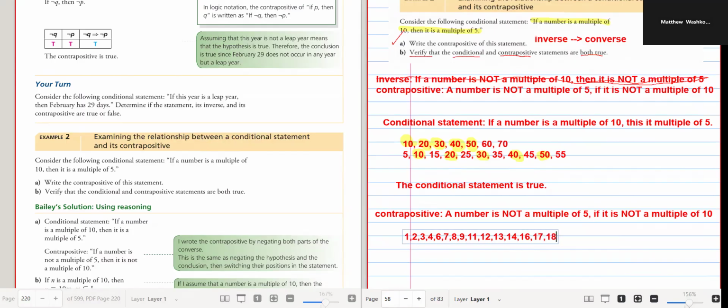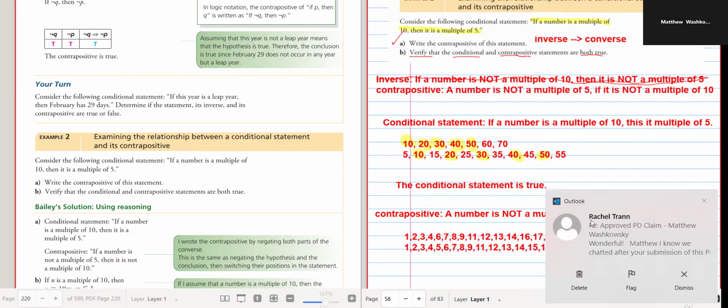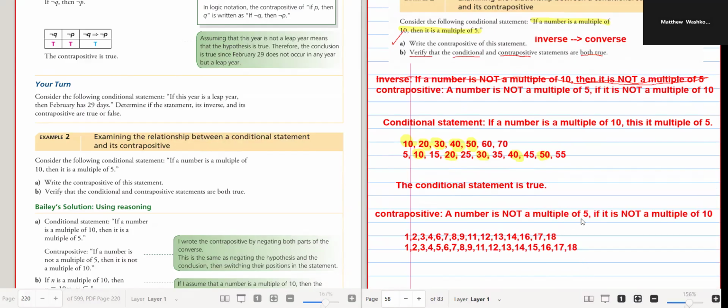You don't have to do this, but if I were to do that, I'd list the non-multiples of 10 too. So if I take a number that's not a multiple of 5, and I check, is this not a multiple of 10? Yes, that's correct. A number that is not a multiple of 5 is not a multiple of 10. So this is true.